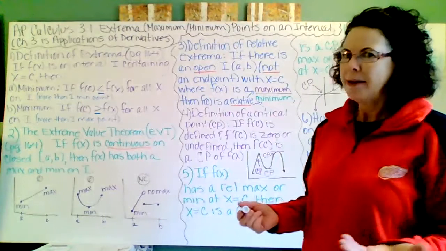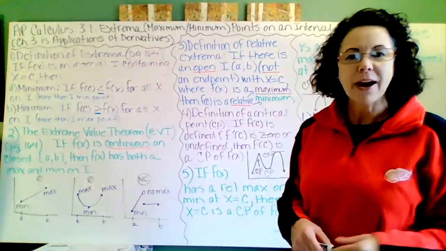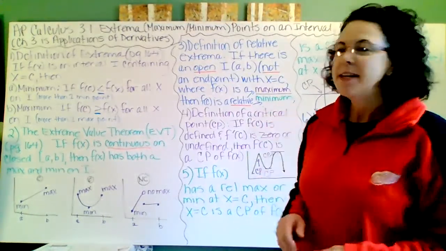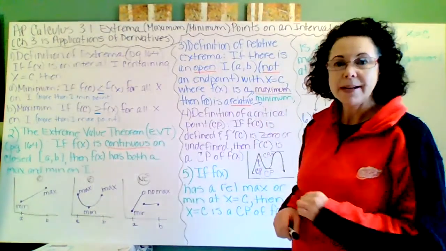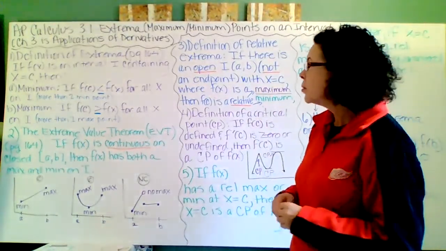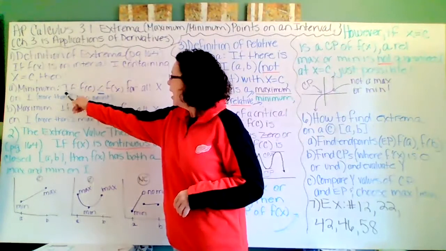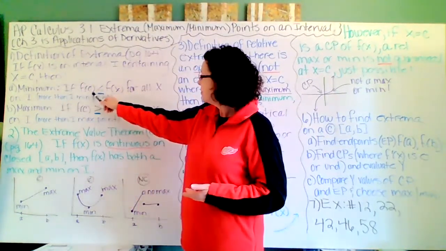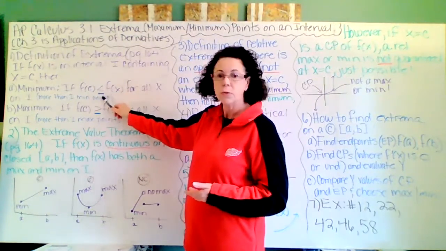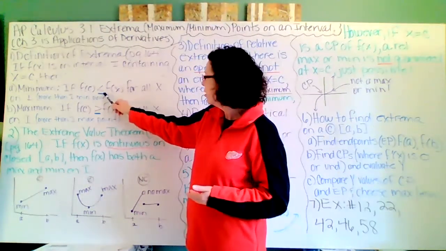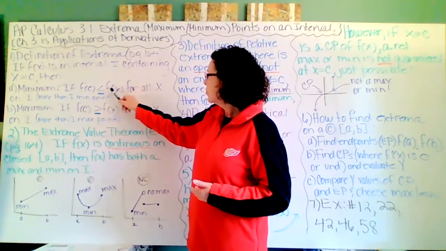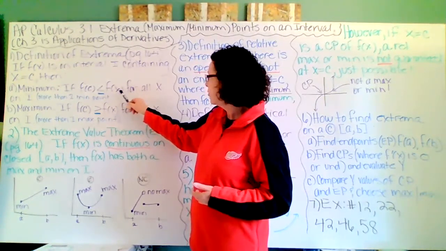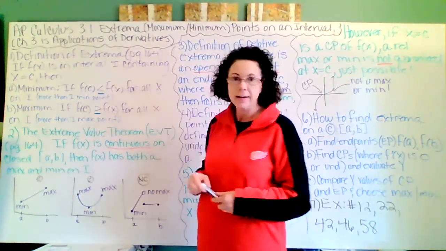You may be like, well, I know one when I see one, but of course in calculus, we have to be very detailed about what a minimum and maximum actually are. So here's what a minimum point is. A minimum is at x equals c if f of c is less than or equal to, this is very important right here, any other value of the function at any other x for all x on I.